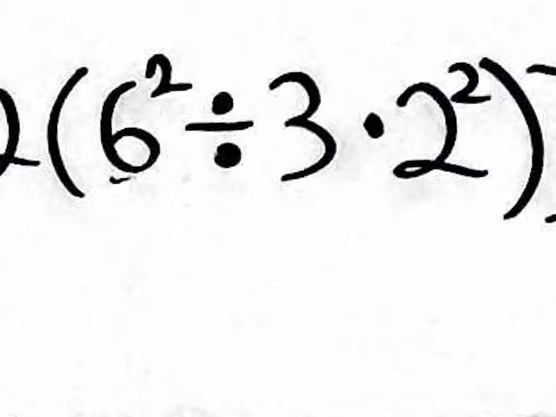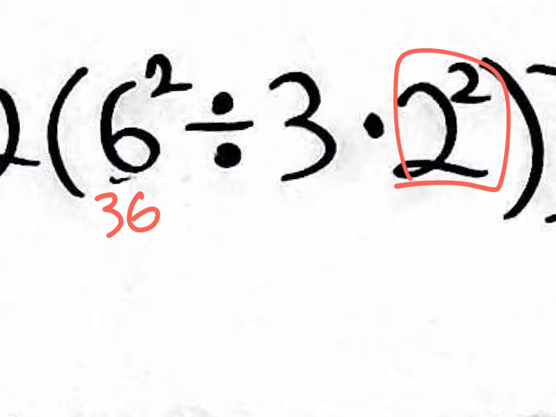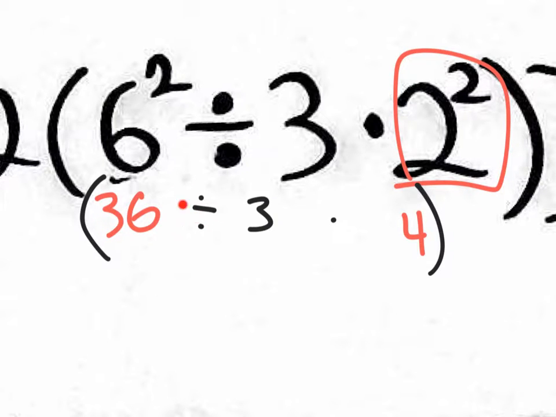So in there, what do I do first? Do I divide, multiply? Yeah, exponents. We're going to do both of these and rewrite everything. So 6 squared is 36. 2 squared right here is 4. And let me bring down the rest. I have the divided by, I have the 3, I have the multiplied by. And I still have the parentheses around here. Anyway, now I either divide or multiply.